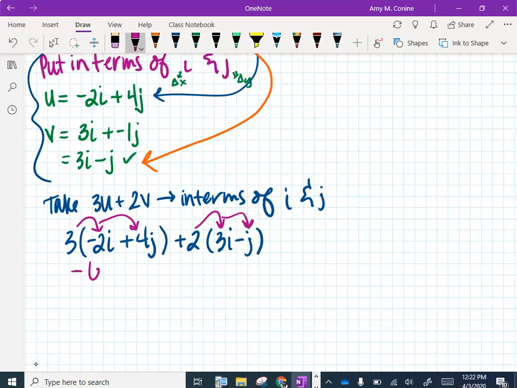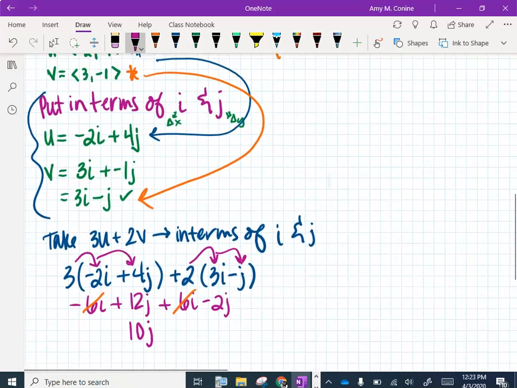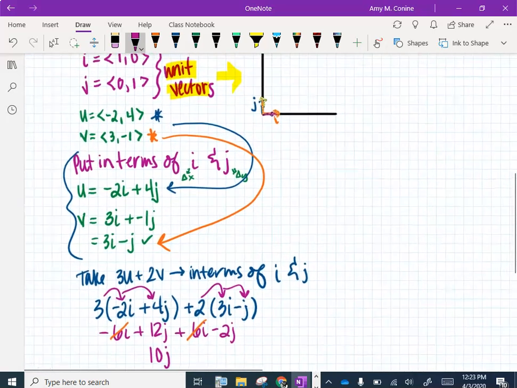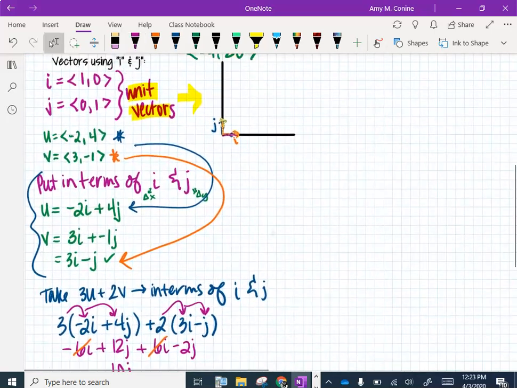So now I should have -6i plus 12j plus 6i minus 2j. We've got some canceling we can do, and we've got some combining terms we can do. All right, and that's it. That's all you're doing. So it's just a very basic way of substituting using vectors.